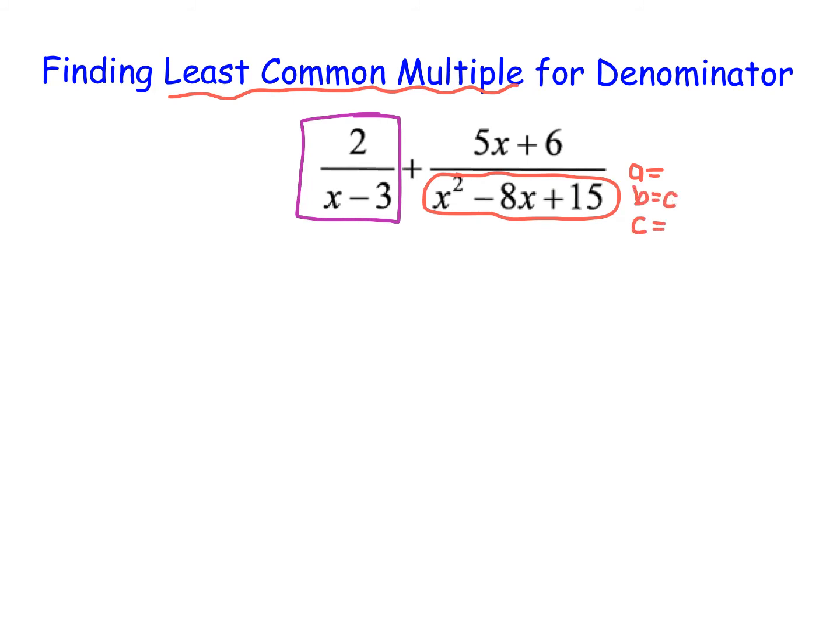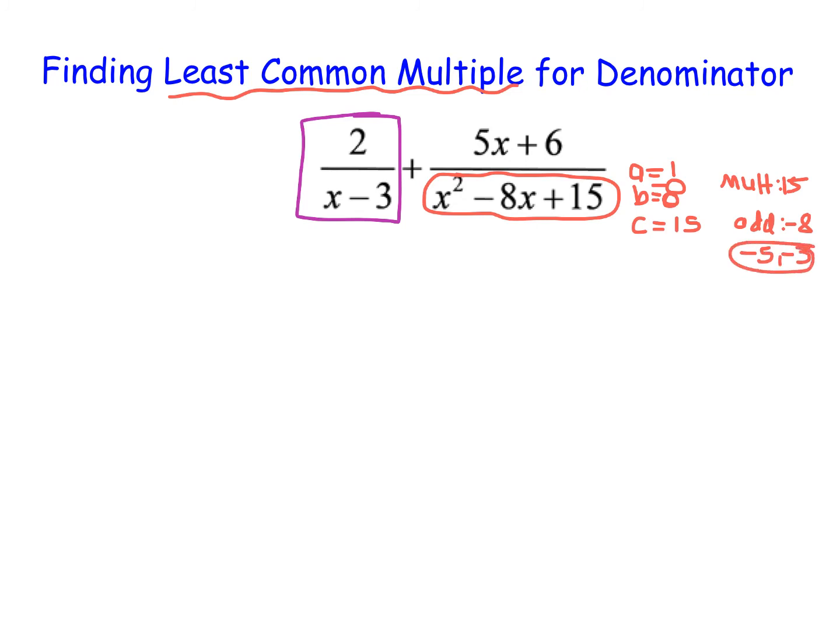So I notice that a is 1, b is -8, and c is 15. So I would need two numbers that multiply to a times c, which is 15, and add to -8. And if I think about my factors of 15, I find -5 and -3.